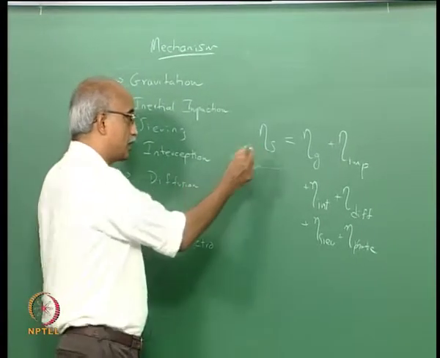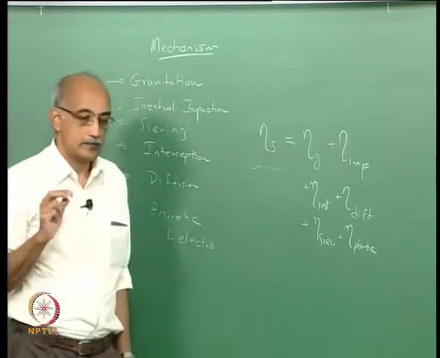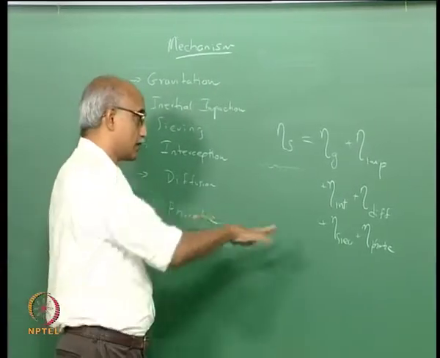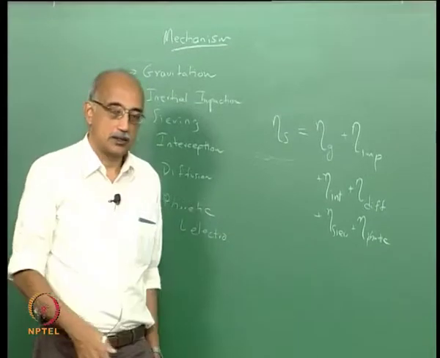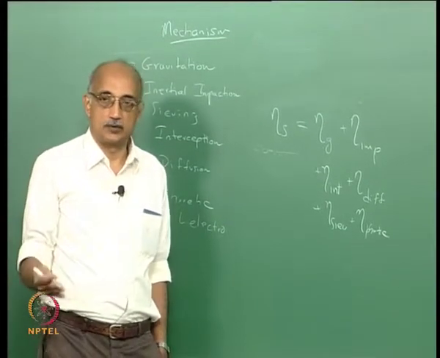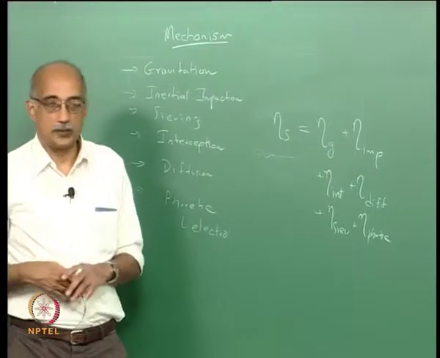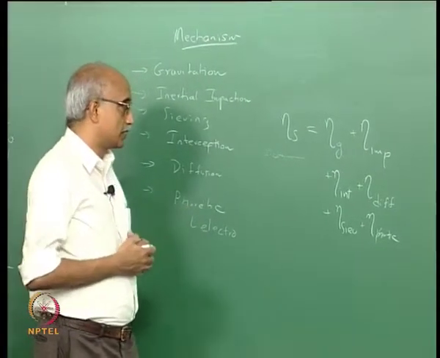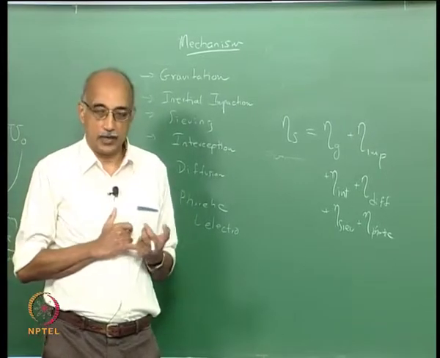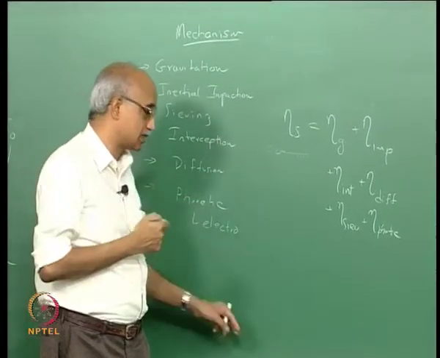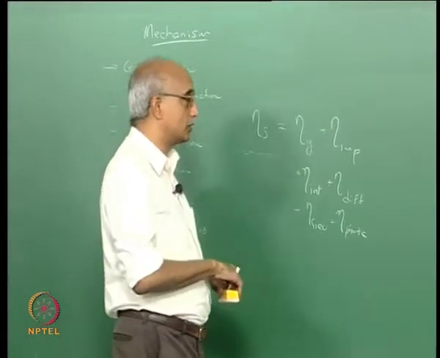And obviously the eta S value is going to be very size dependent. For very, very fine particles, diffusion and electrostatic effects may be predominant. For very large particles, gravitation and impaction may be predominant. But in general, the overall single fiber collection efficiency is going to be a sum of all these individual efficiencies.